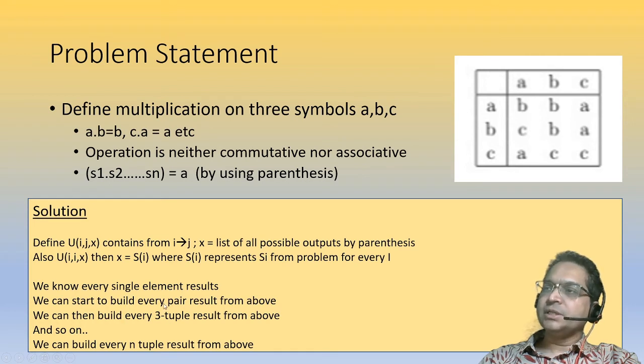So each solution builds from the previous solution. Because we knew the single element, we could build every pair. And because we know every pair and single element outcomes, we can build three tuples, and so on, till we reach the n tuple, which would cover the whole string S1 through Sn, and then we would know every possible outcome of parenthesizing this string.